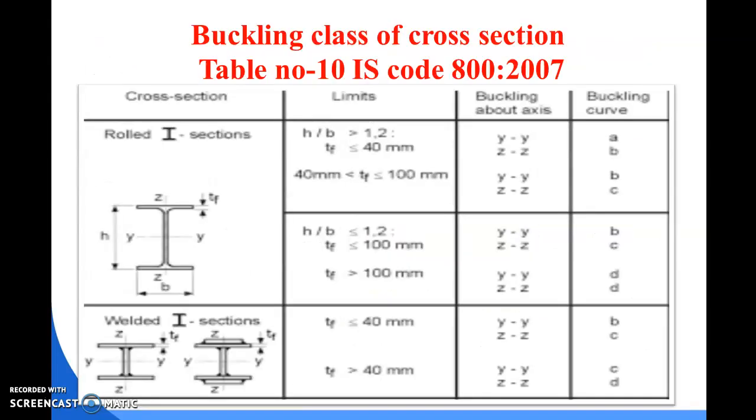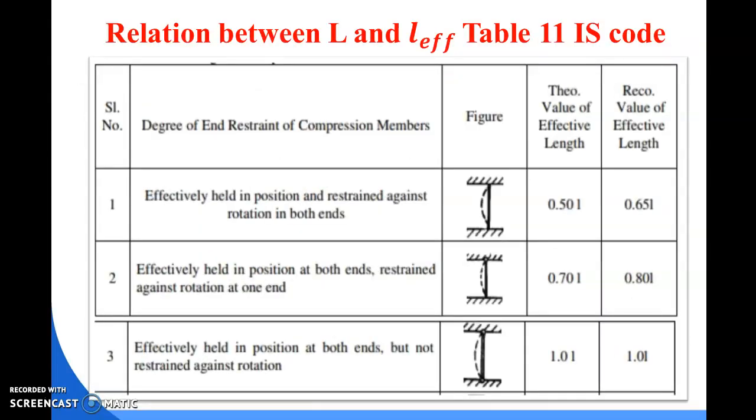So now we come to table number 11 from the steel code. Here, for the pin-ended condition at both sides of the compression member, which is the column, the condition is effectively held in position at both the ends but not restrained against rotation.